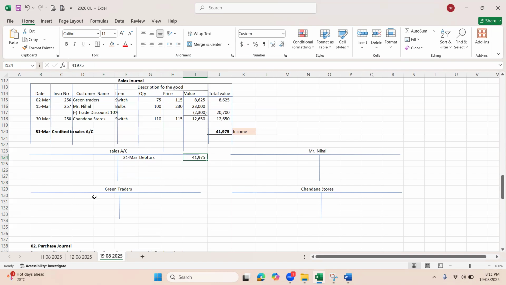Then debit to Green Traders on 2nd of March, sales, 8,625.